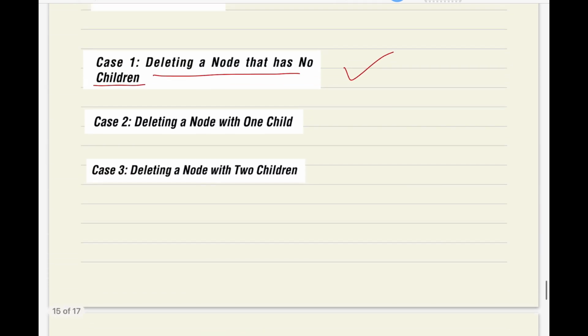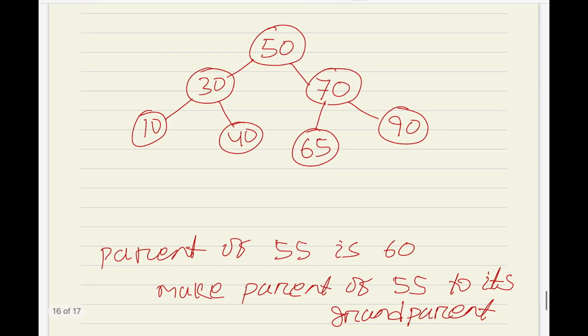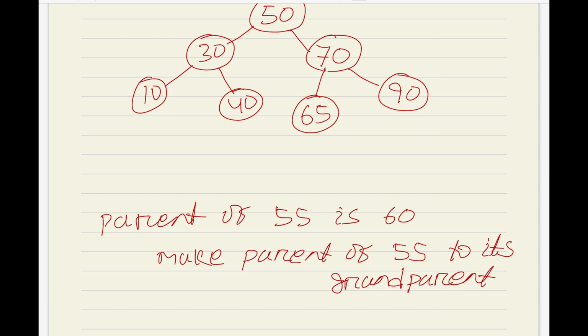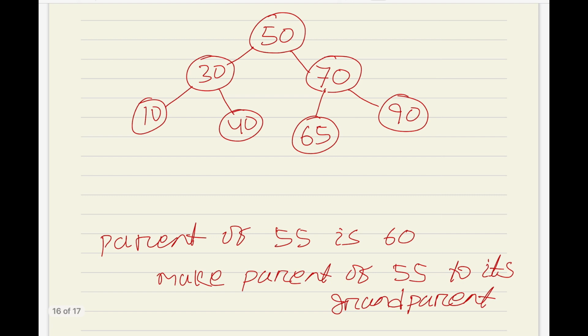Now consider another scenario. We have discussed deleting a node with one child. Now if we want to delete a node with two children, consider it is 60 like our previous example, and it is 55 and it is 65.